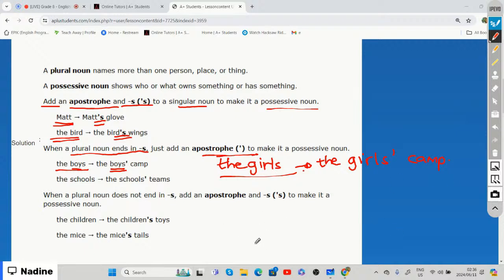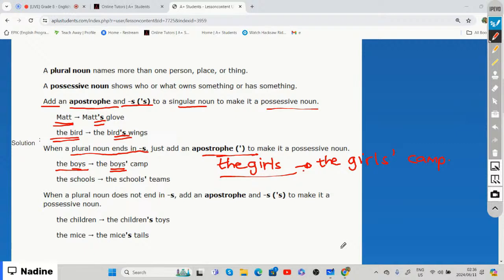All right. And then also, when a plural noun does not end in an S. Yes, sometimes plural nouns do not end with an S, because now it means that the word changes. It becomes an irregular noun.